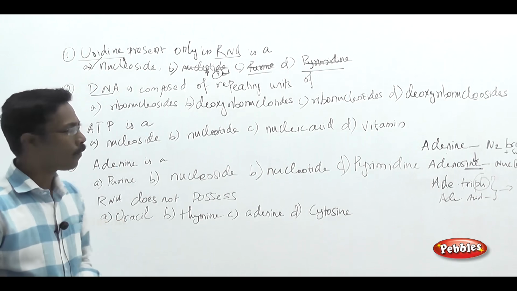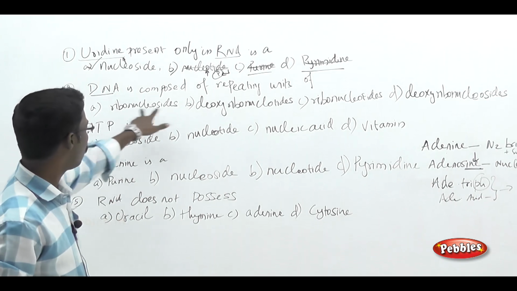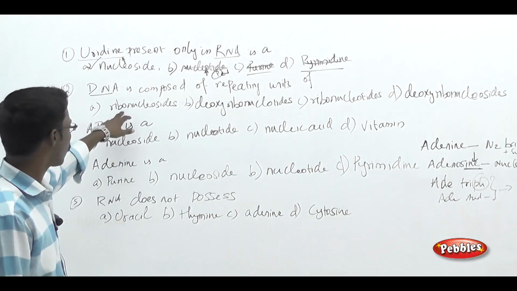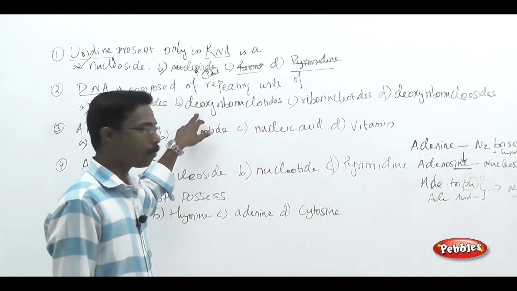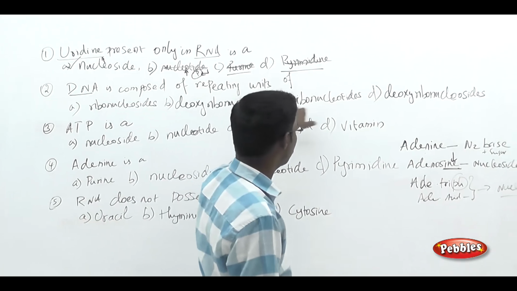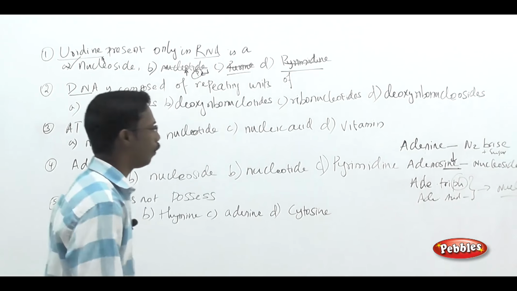DNA is composed of repeating units of, and here there are 4 choices given to you: ribonucleotides, deoxyribonucleotides, ribonucleoside and deoxyribonucleoside.